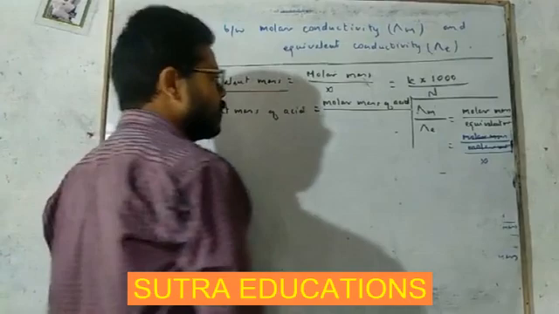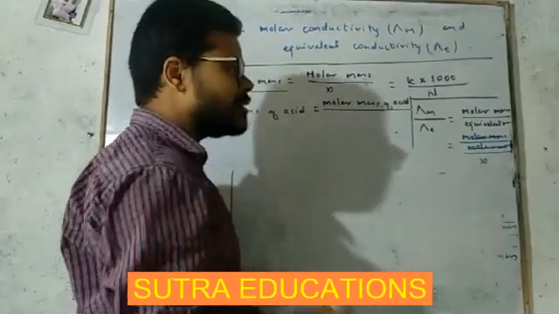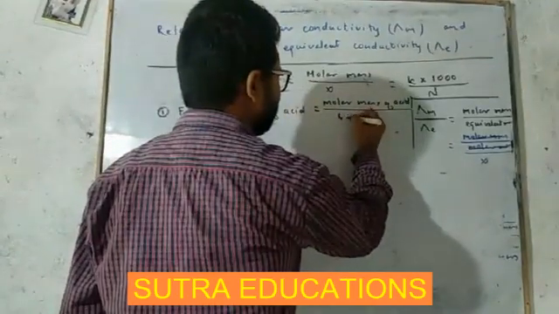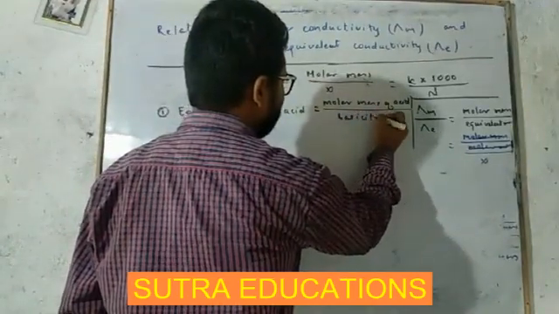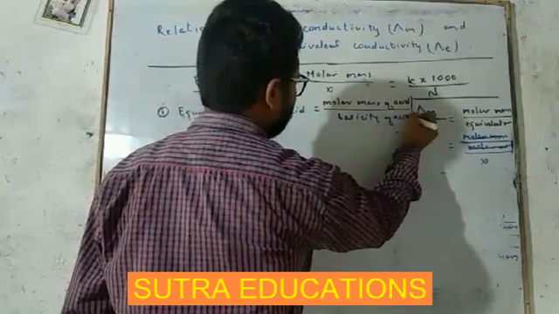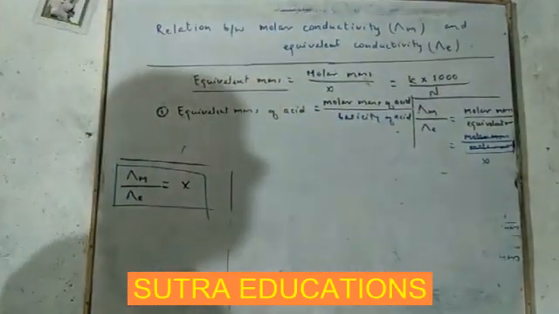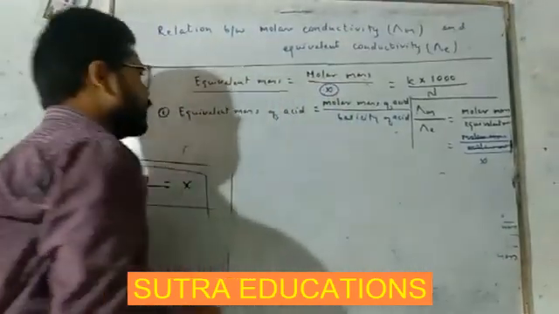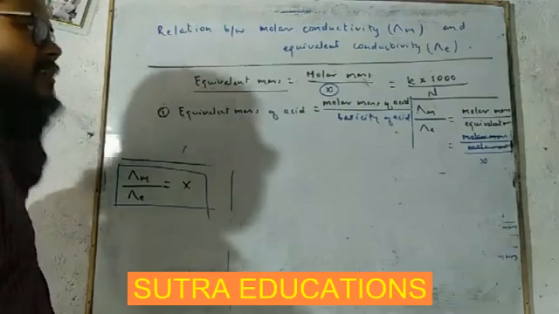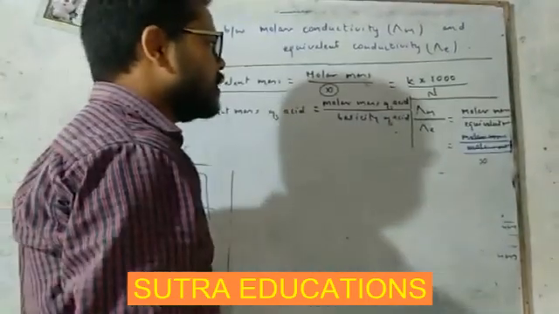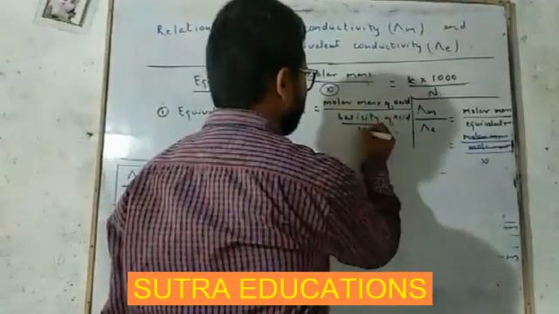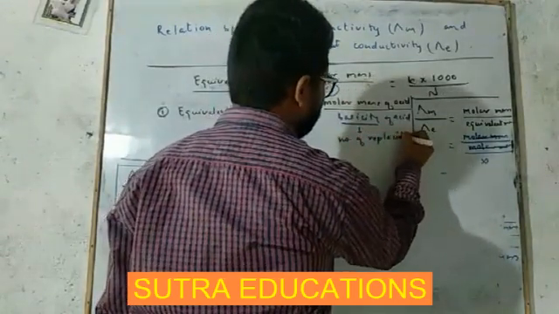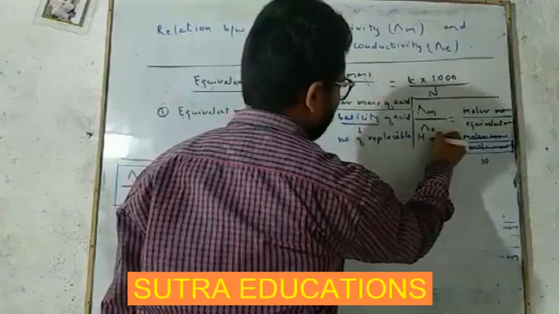Here x is the number of replaceable hydrogen, or simply the basicity of the acid. Do you remember? I have told you earlier. In case of acids, x is basicity. What is basicity? It is the number of replaceable H.